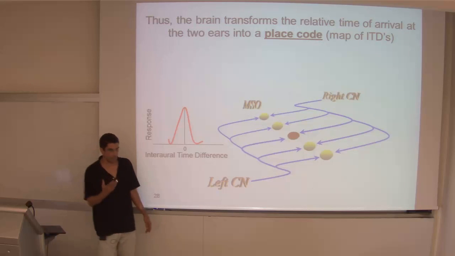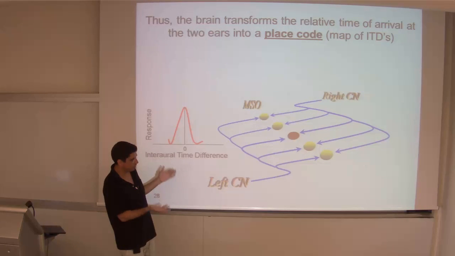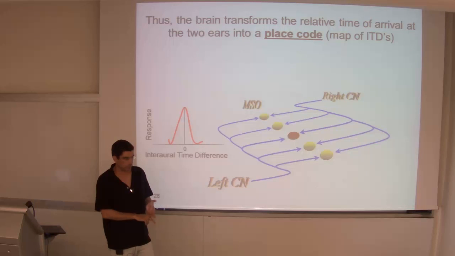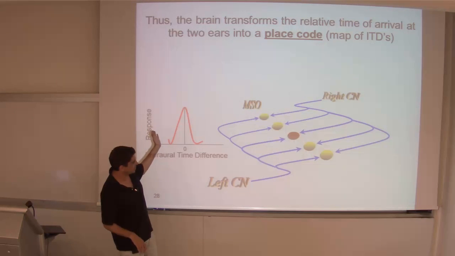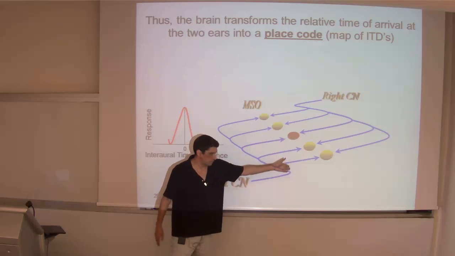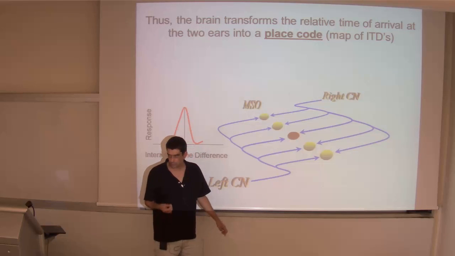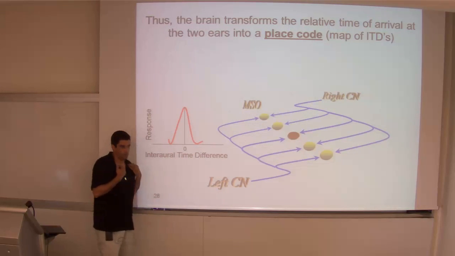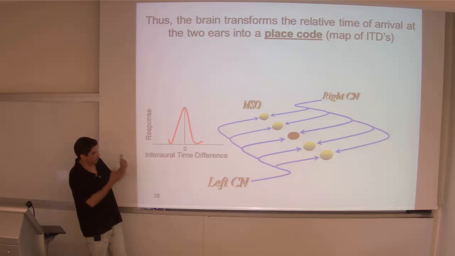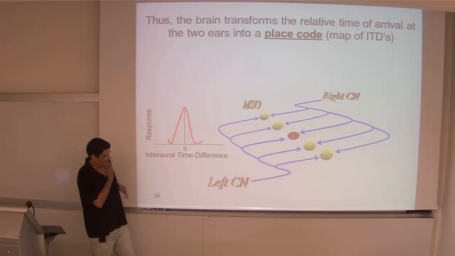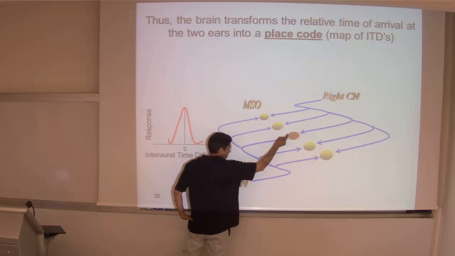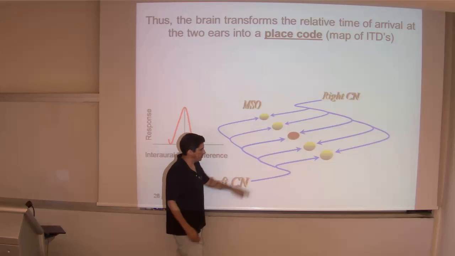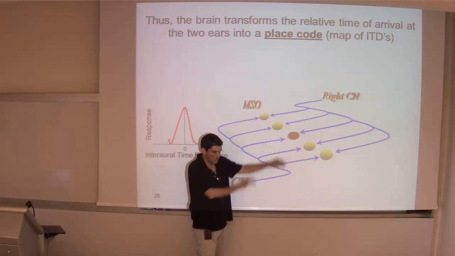Okay, but the basic idea, again, from Jeffress, and now we have recordings from cats and gerbils, etc., is that there are these coincidence detectors that in essence form a place code. So if I'm looking beyond this issue of phase ambiguity, if I'm looking at this map, I know that these are the neurons where I have 0 ITD, meaning that the sound will come from the front.